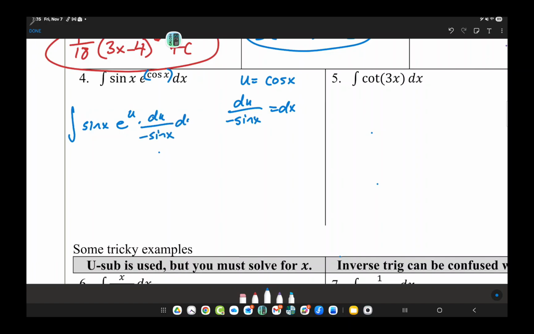Oh no, we already have the du. Well, the sine x is going to cancel, but it leaves a negative there. So we're going to have a negative integral of e to the u du, which is negative e to the u plus c, which is negative e to the cosine x plus c.